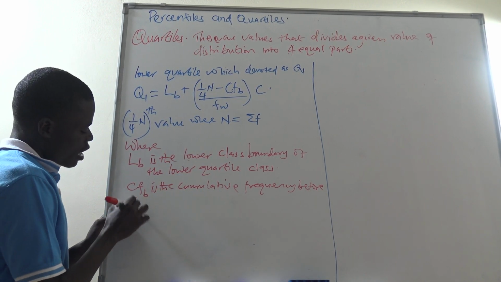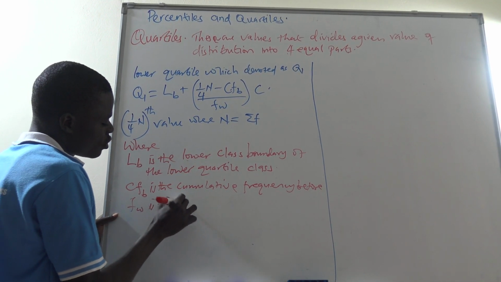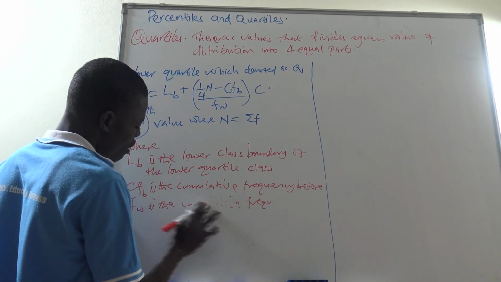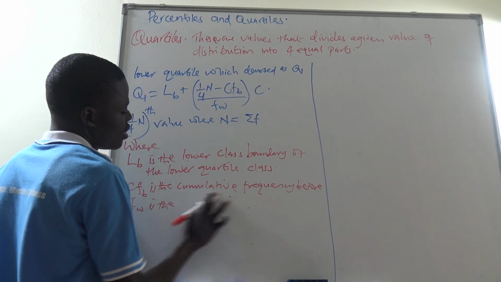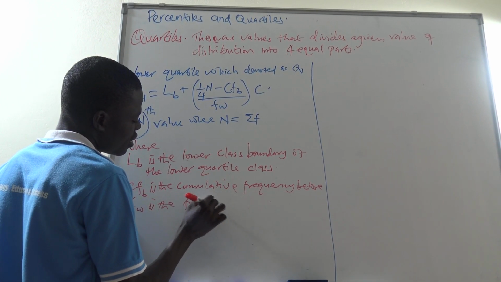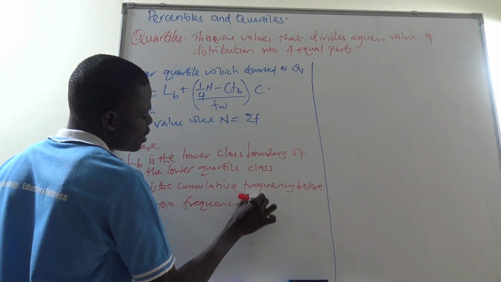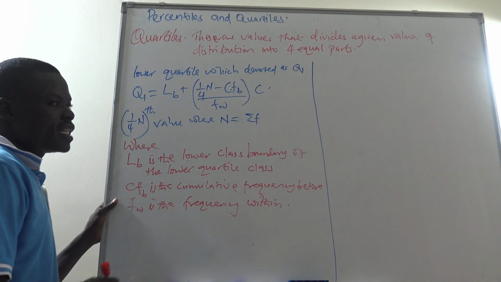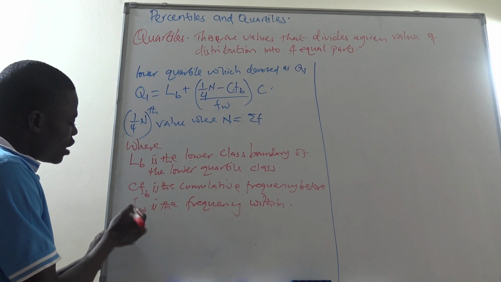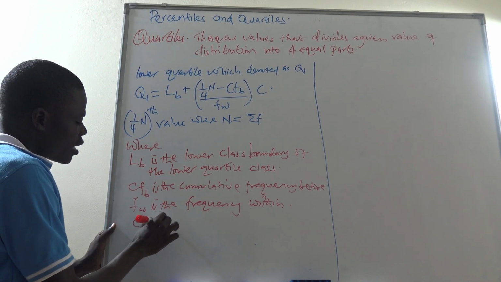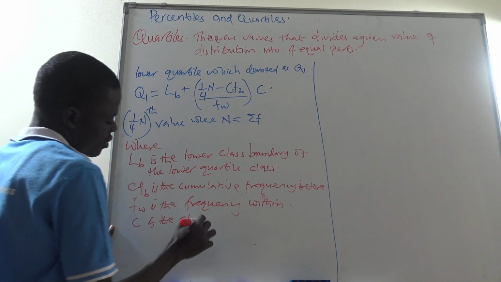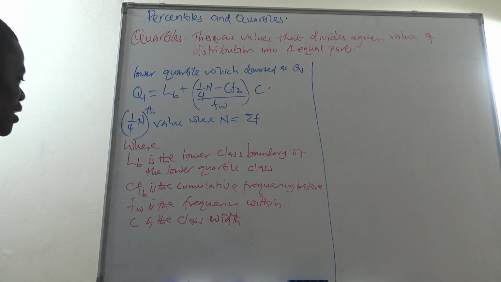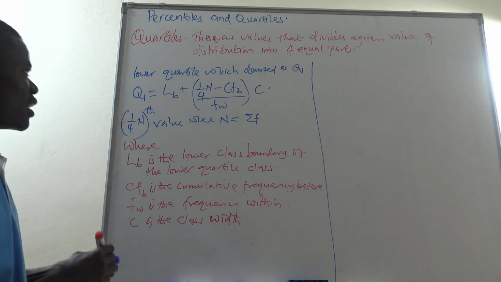Then F is the frequency within that lower quartile class, and C is the class interval, or class width, of that class. That's how you get the lower quartile.